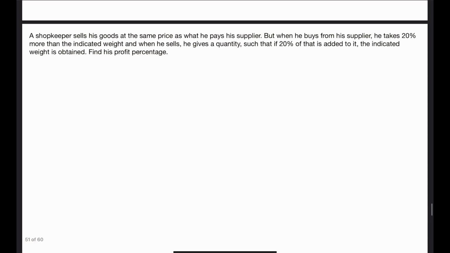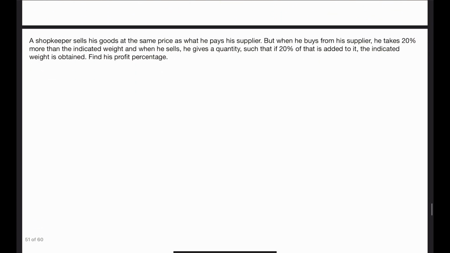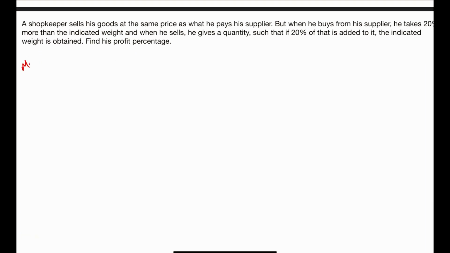So the next line is, but when he buys from his supplier, he takes 20% more than the indicated weight. Fair enough. So we will solve this question with both methods. First one is of course method 1, second one will be method 2.